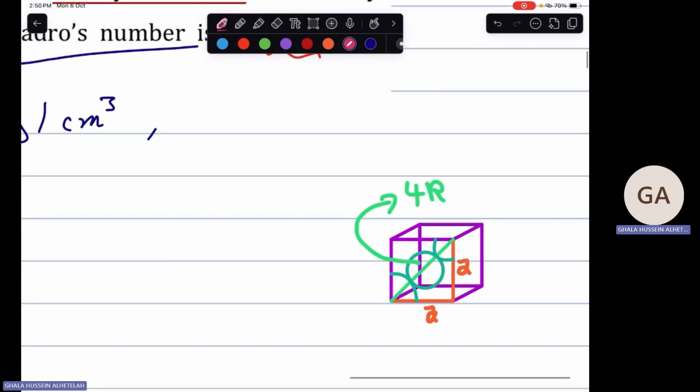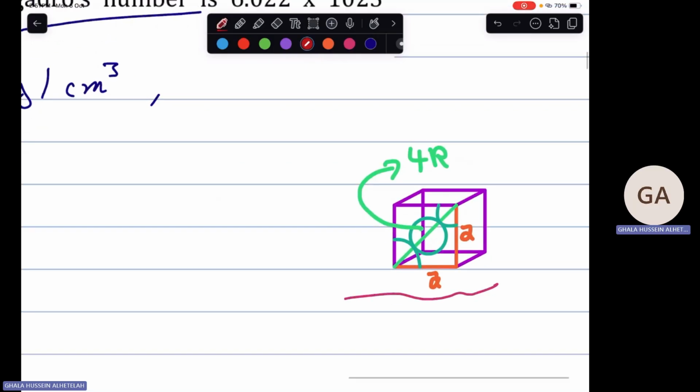Imagine that this is the FCC structure. We can find the relation between a and r. We know that this side is a and also this side is a. In the face of the FCC structure, we have here 1/4 atom, and also here 1/4 atom, and here we have 1 atom. So we can know that this is r, this is 2r, and this is r.